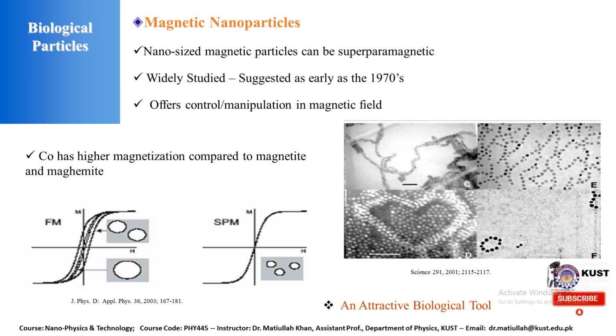We also have magnetic nanoparticles, that is, nano-sized magnetic particles with superparamagnetic behavior. They have been widely studied since 1970 and are used especially for the control of the magnetic field. Here we can see the hysteresis loop for these nanoparticles.